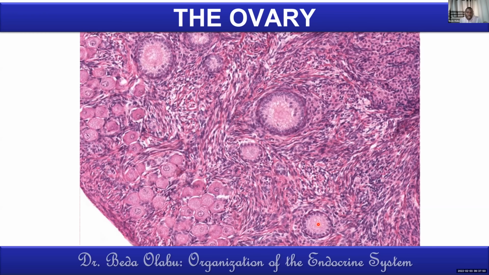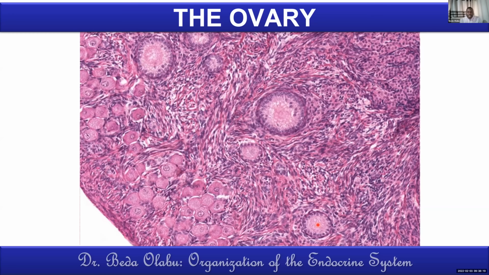Now, the primary follicles can also vary depending on how advanced they are. You may have a unilaminar primary follicle like that one, with one layer of granulosa cells. But you may also have a multilaminar primary follicle like this one, where the granulosa cells are of multiple layers. So just an advanced level.